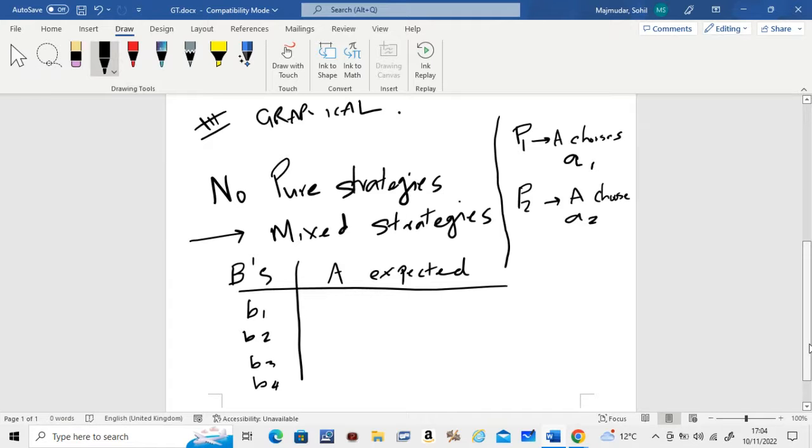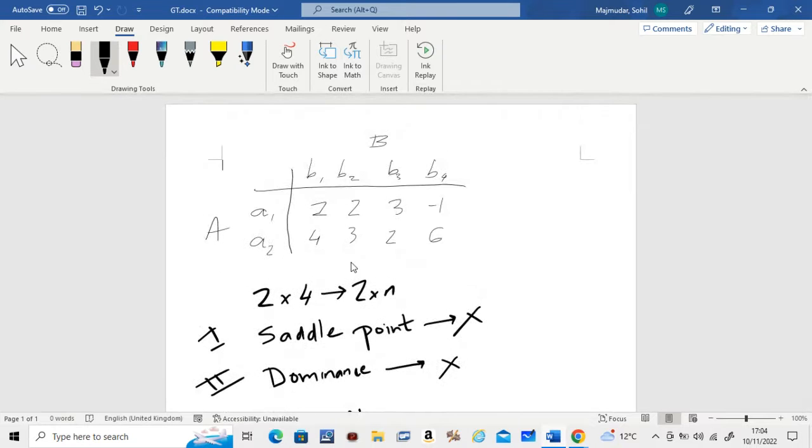So how do we find the expected payoffs for player A? We look at the matrix and multiply 2 times the probability of A1, which is P1, plus 4 times P2. That will be if player B chooses strategy B1.